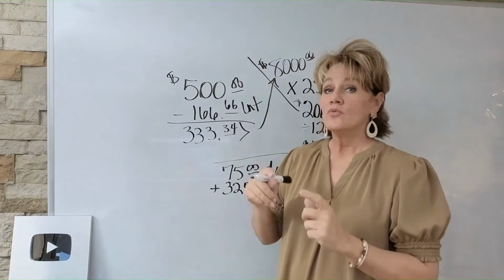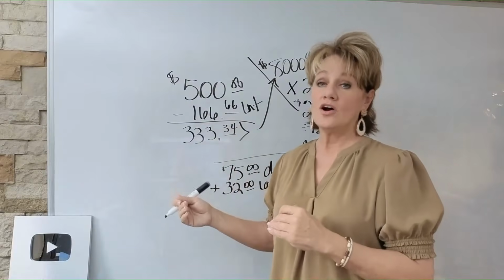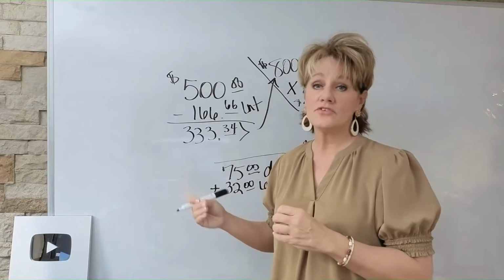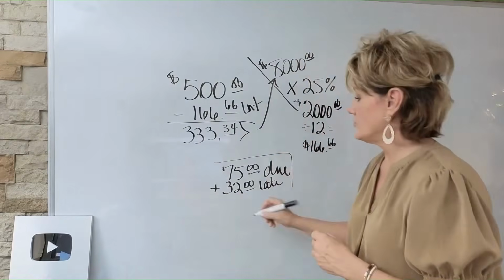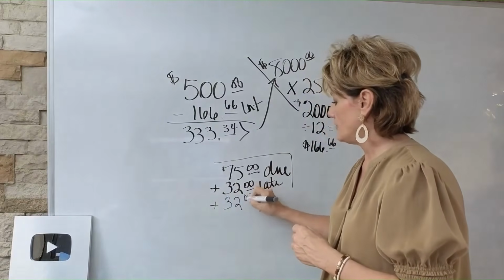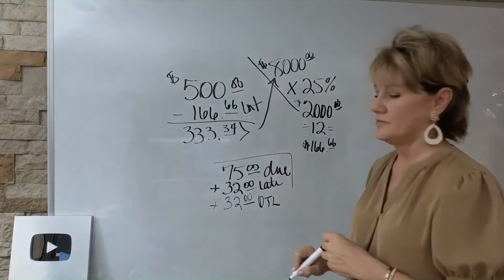So when they applied the interest, guess what? That took me over the limit, right? So now I get another $32 charge. I'm just showing you the way my life was at one time. Now this is the over the limit fee.